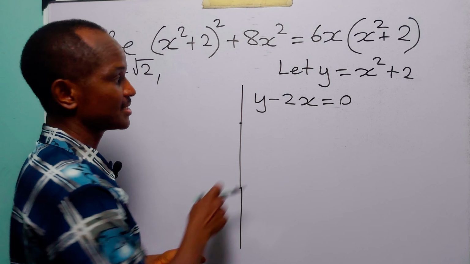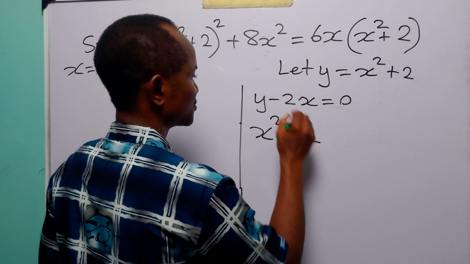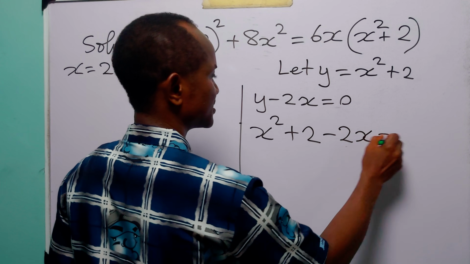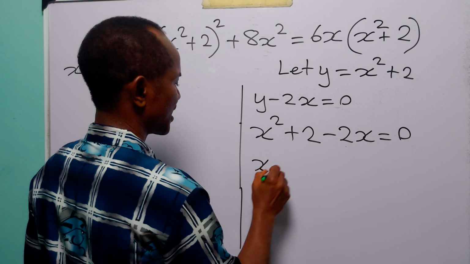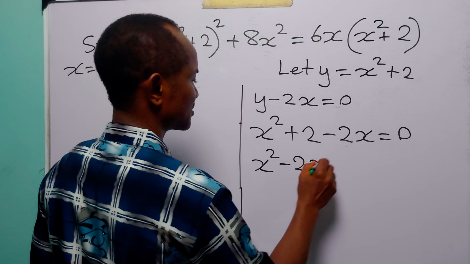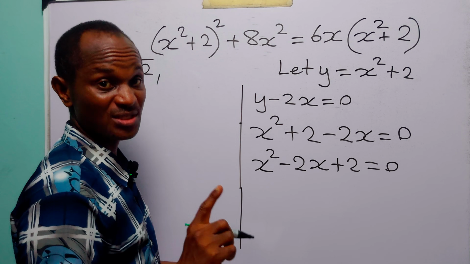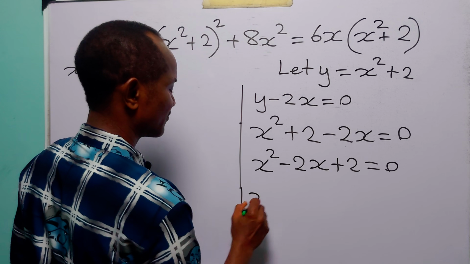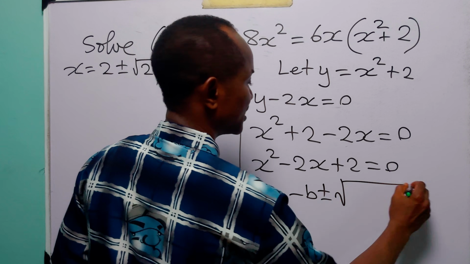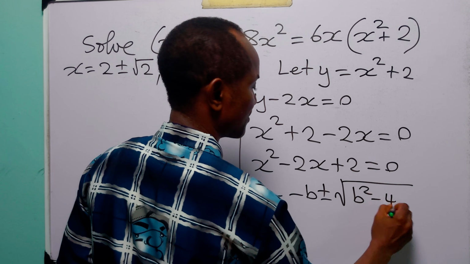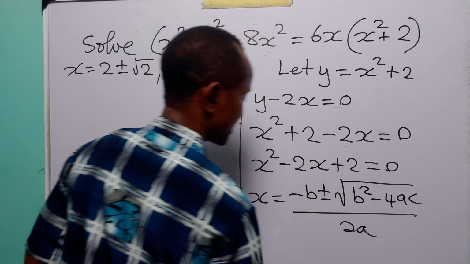And in this second case, we have that x squared plus 2 minus 2x is equal to 0. Now, when we rearrange this equation, we have x squared minus 2x plus 2 is equal to 0. Once more, using the quadratic formula, we have that x is equal to minus b plus or minus the square root of b squared minus 4ac divided by 2a.